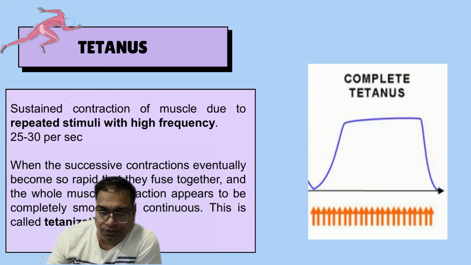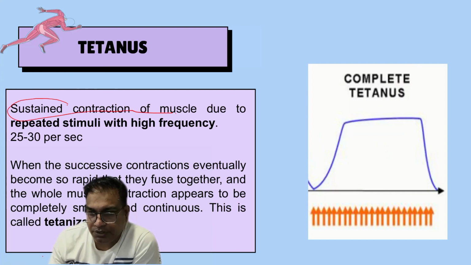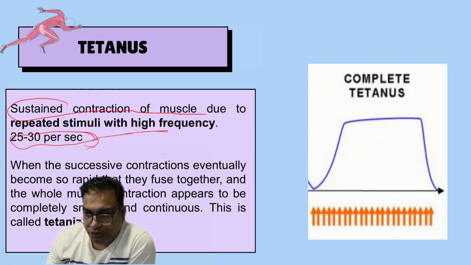This is the tetanus: sustained contraction of muscles due to repeated stimuli with higher frequency. Finally, we are applying a frequency of 25 to 30 per second. Because these successive contractions are so rapid, they fuse together and the whole muscle contraction appears completely smooth and continuous, and we call it tetanization.